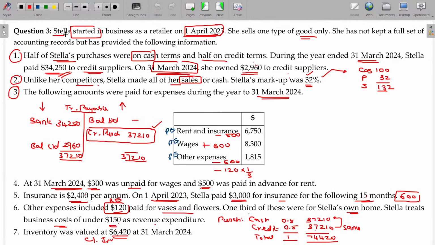So in the income statement, we have been given the purchases. Right, I'll prepare here sales and less cost of sales. Under cost of sales: opening inventory, purchases, minus closing inventory, you'll get gross profit.